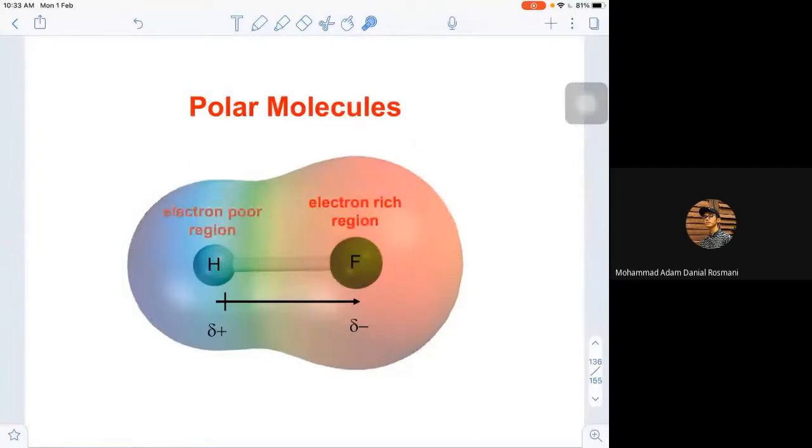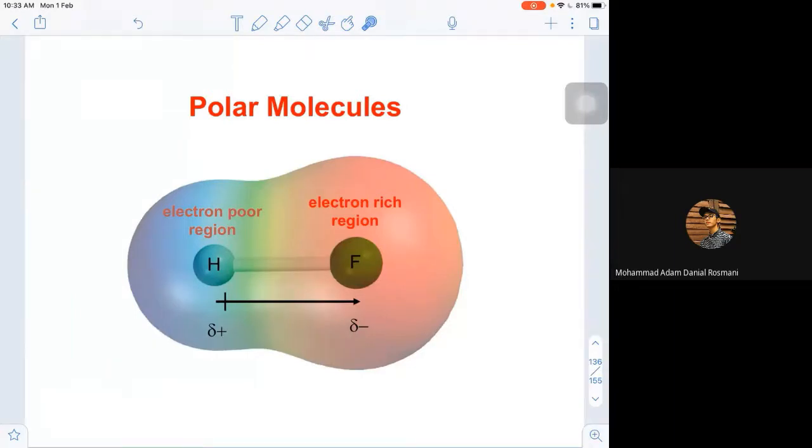It is not symmetrical. We observe that this side is bigger than this side. This is the electron cloud. So the difference in the electron density makes the electron cloud become imbalanced, asymmetrical.